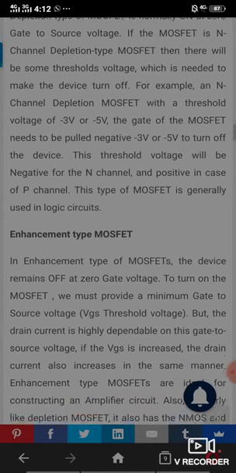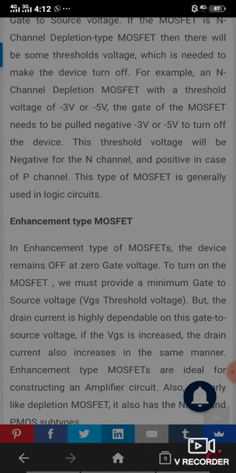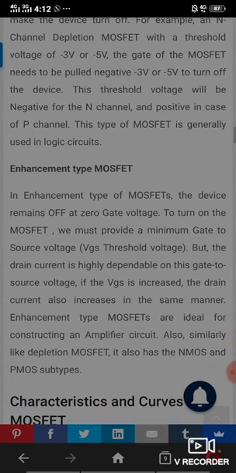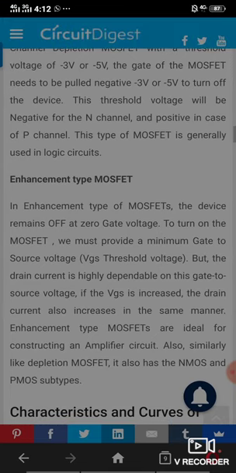If the VGS is increased, the drain current also increases in the same manner. Enhancement type is also ideal for construction of amplifier circuits. Similar to the depletion MOSFET, it also has NMOS and PMOS subtypes.